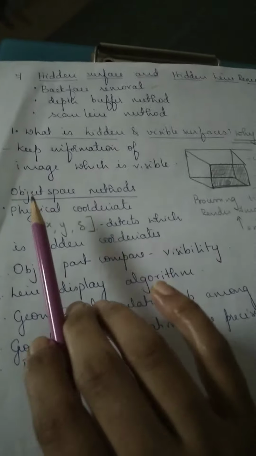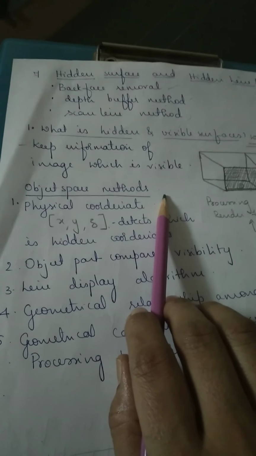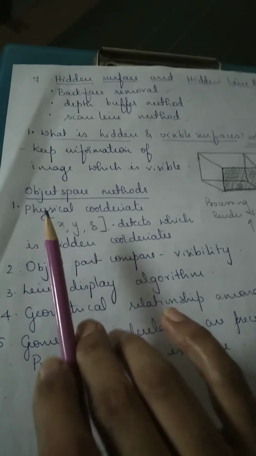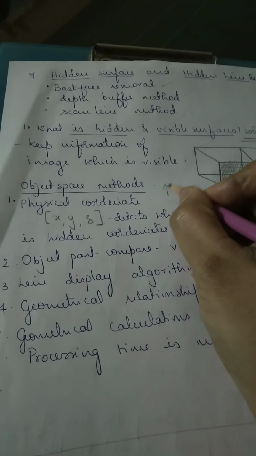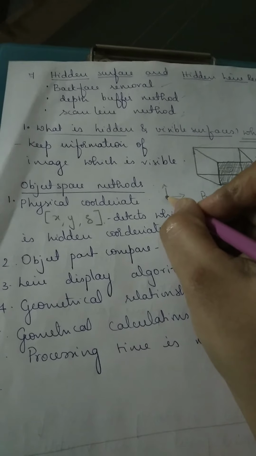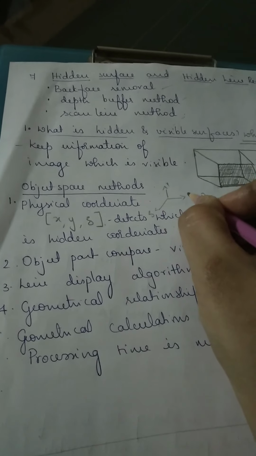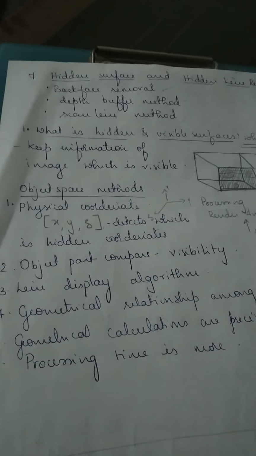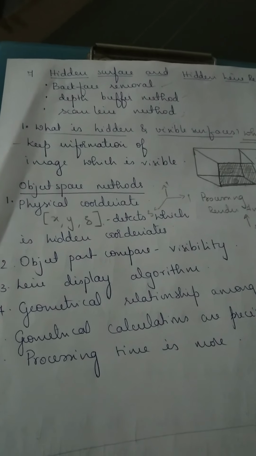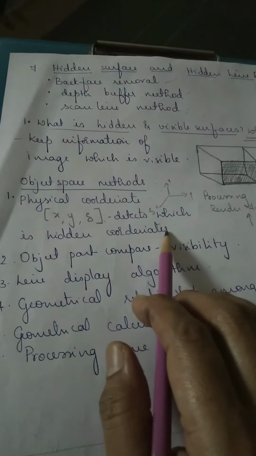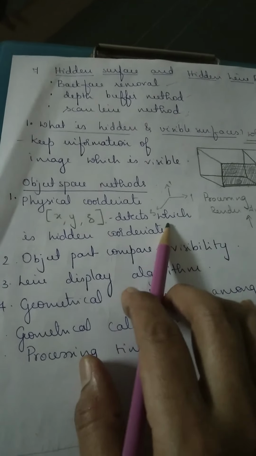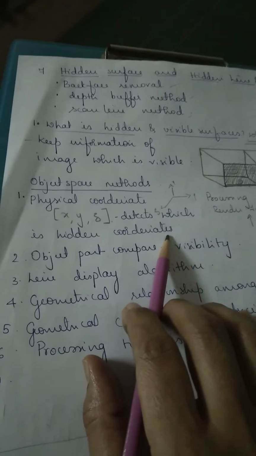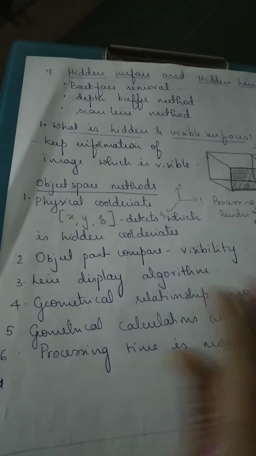If I use the object space method approach, then the first point is the physical coordinates along the x direction, y direction and z direction, which points will be calculated or processed. And here we need to detect which point is hidden, which coordinate is hidden.